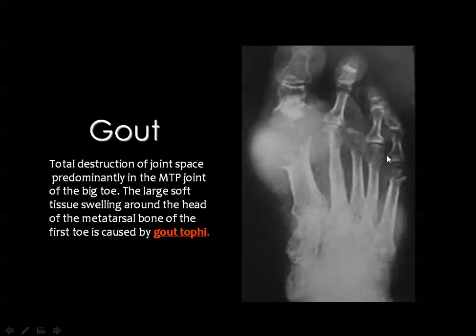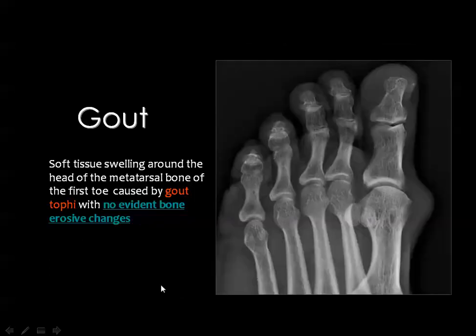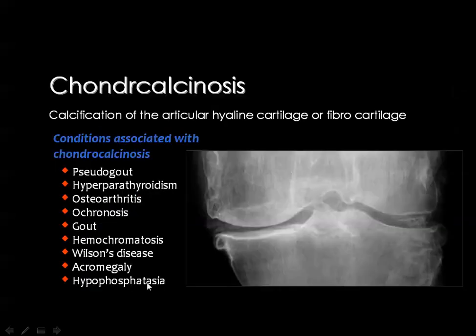Also, you can see other sites of bone involvement. You remember that tophi may be deposited in the periarticular area, and it takes some time to produce bone erosions. Then, based on this appearance, you may easily assume that this is gout. You see minimal erosive changes, but you see the soft tissue swelling of the tophi.